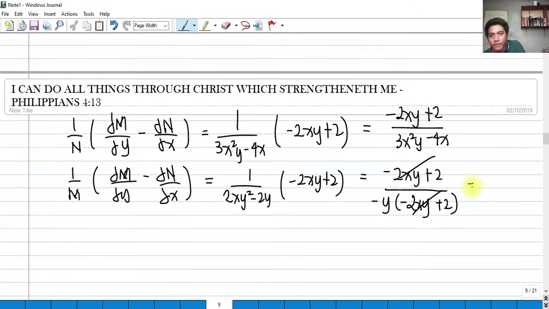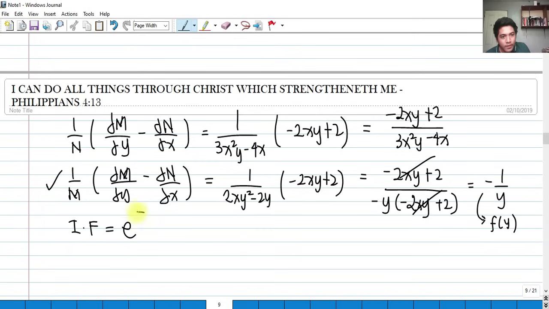And we are left with negative 1 over y. And this, from our formula, is our f of y. So if we use that as our f of y, our integrating factor formula, if we recall, is e raised to negative integral of f of y dy.